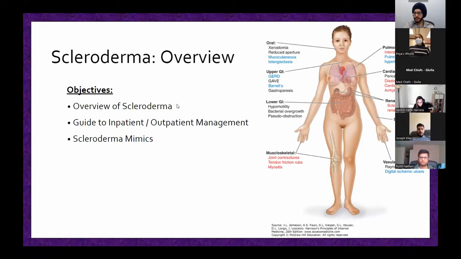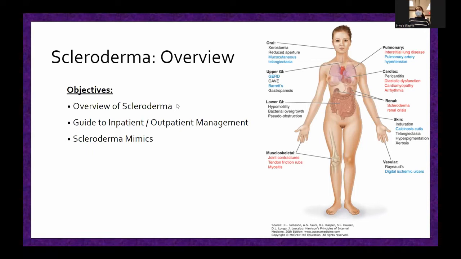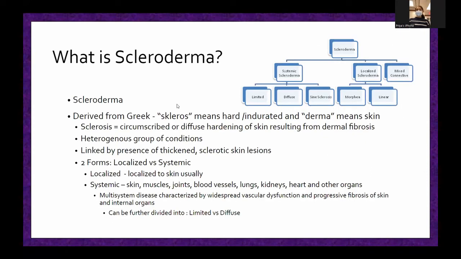So as you know, our autoimmune diseases affect every organ in the body from head to toe, and the same as it's with scleroderma, it can affect every organ system, and we'll touch on each of these. So what is scleroderma? First of all, what is scleros? Scleros means hard, indurated, and derma means skin.